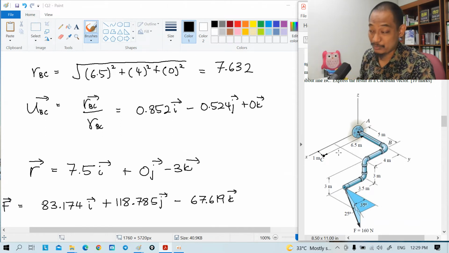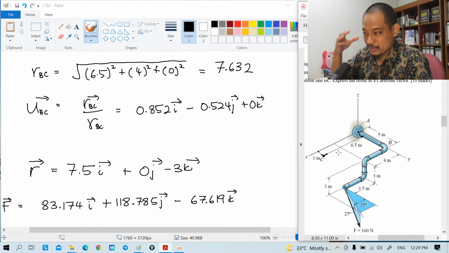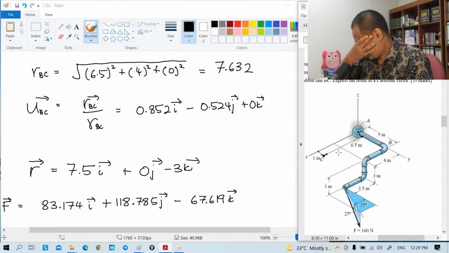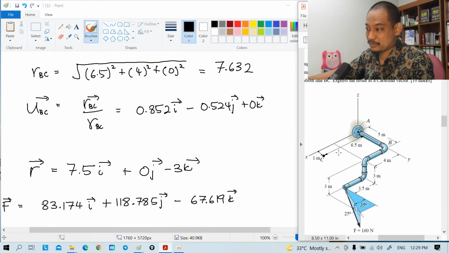We still have one more time to complete the 30 minutes, and you can see how slow I do this question, because I keep checking, and as well I'm so sleepy right now. That's why I'm so slow at doing this one. But the time given should be enough even if you do it as slow as this one.